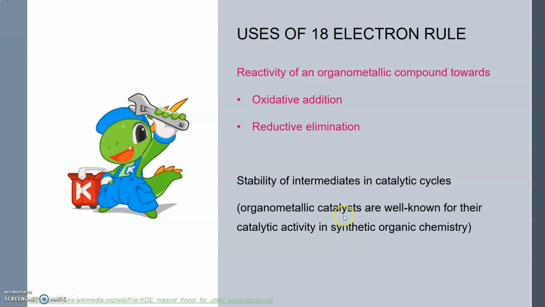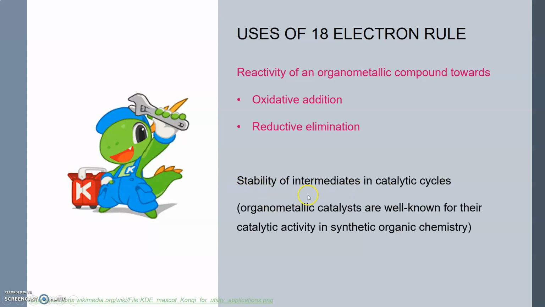So what is a catalyst? A catalyst is one which is added in one step and removed in another step, right? So that means there will be a regeneration of the catalyst. So every reaction which involves a catalyst will undergo a cycle of reactions, and this cycle will pass through many intermediate stages.